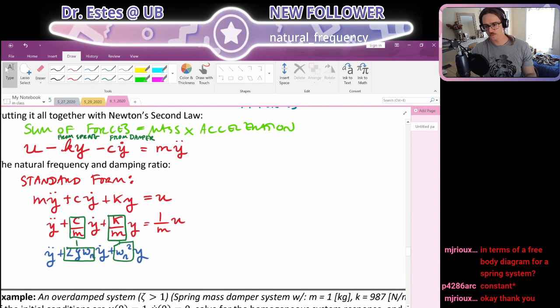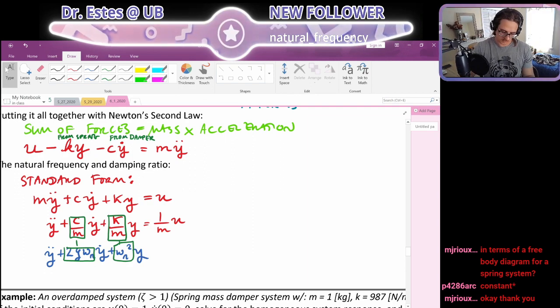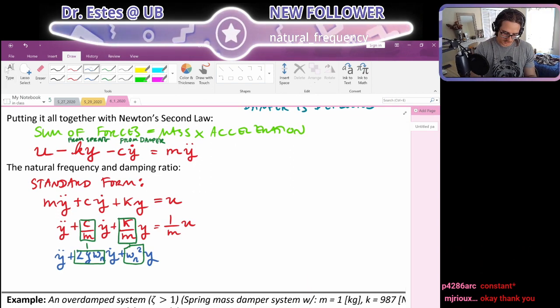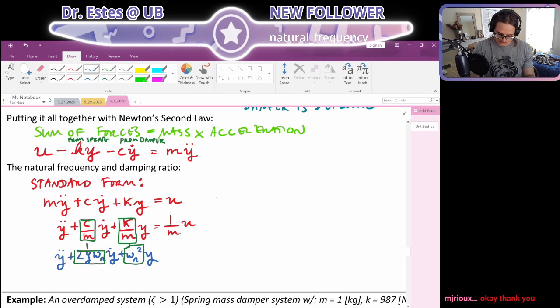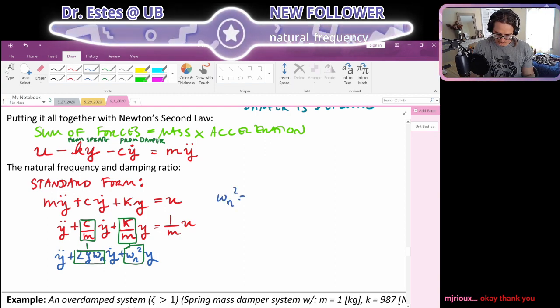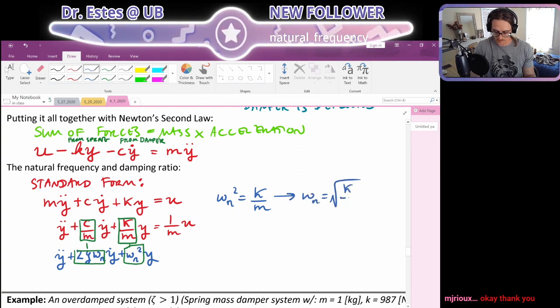So the natural frequency of a spring mass system, omega n squared, would be k over m. So the natural frequency is just the square root of that.